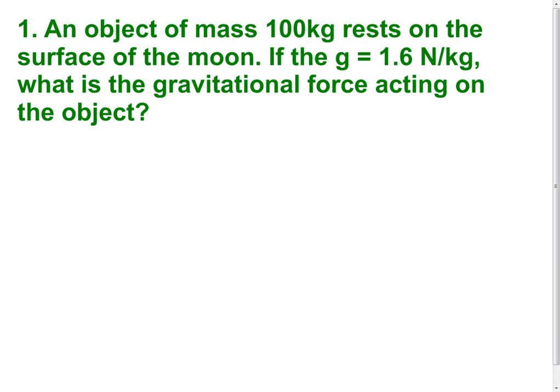So, an object of mass 100 kilos rests on the surface of the moon. If G, the gravitational field strength, equals 1.6 newtons per kilogram, what is the gravitational force acting on the object? Well, gravitational field strength is force per unit mass.